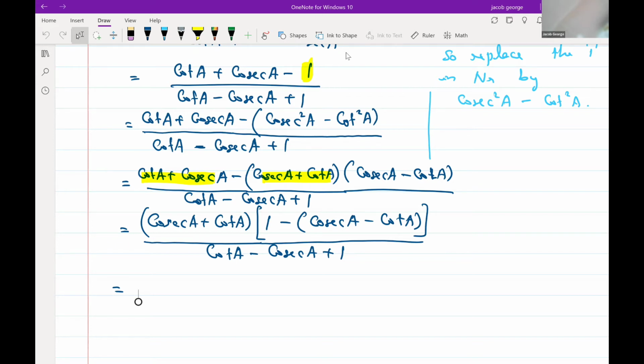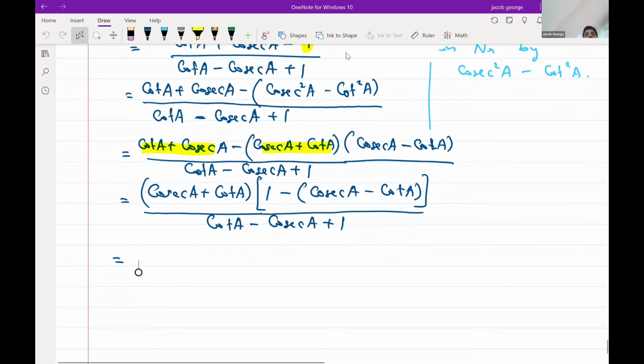Okay. Write the step. All of you please write the step. Common factor is taken out. Now using minus, we will open this bracket. Using this minus sign, we are going to open this bracket.